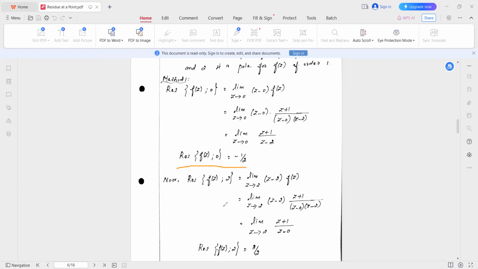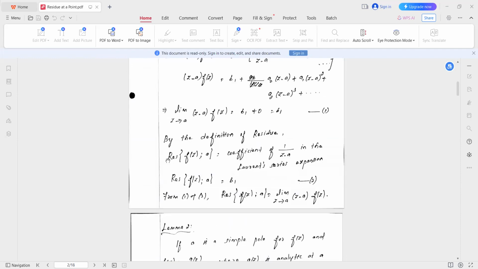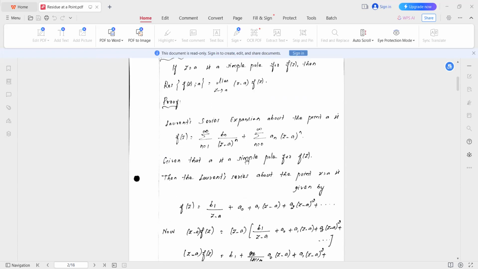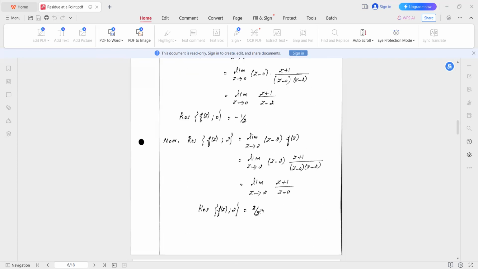Now we find the residue of f of z at the point 2. By the first formula, limit z tends to 2, z minus 2 into f of z. Remember the first formula: residue of f of z at the point a is equal to limit z tends to a, z minus a into f of z. This formula we are applying here.